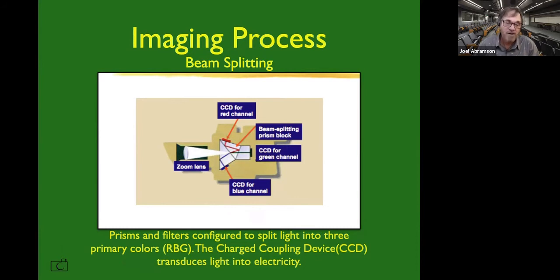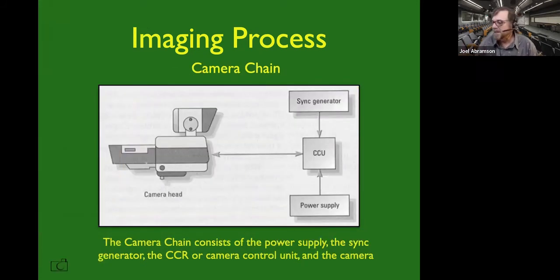So you have a red channel, and you have a green channel, and you have a blue channel. Each one of those is picking up their specific colored beam, and that CCD is taking that light beam and turning it into electricity, all right? And outside of the beam splitter, we have the camera chain that consists of the power supply, sync generator, and the CCU, the camera control unit for the camera.